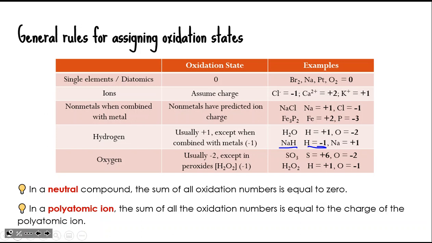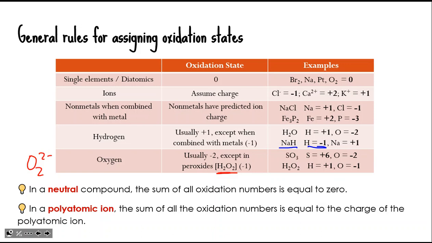Oxygen is usually -2 no matter what. There's an occasional exception when we're talking about peroxides. Those are kind of rare compounds, but I'm sure you're familiar with hydrogen peroxide because it's at the pharmacy and grocery store, and people use it all the time as a disinfectant. It's H2O2, and in that particular case, it's with peroxide, which is O2 to the -2.